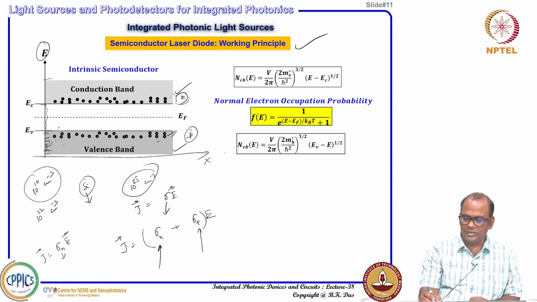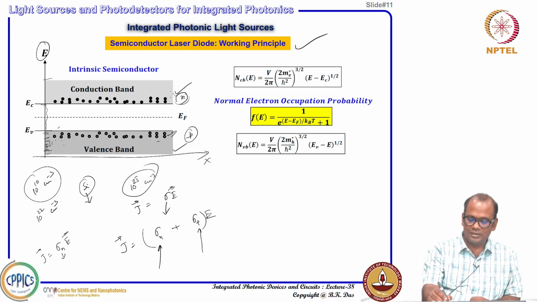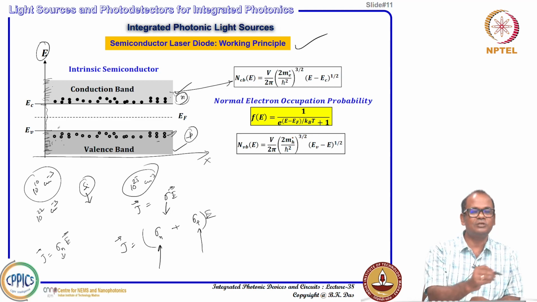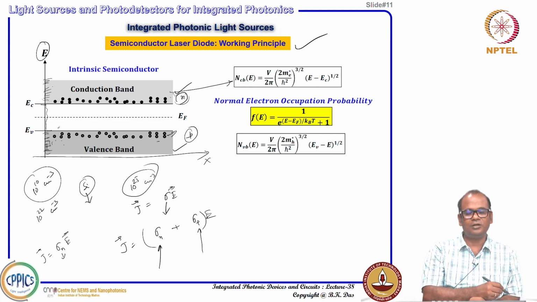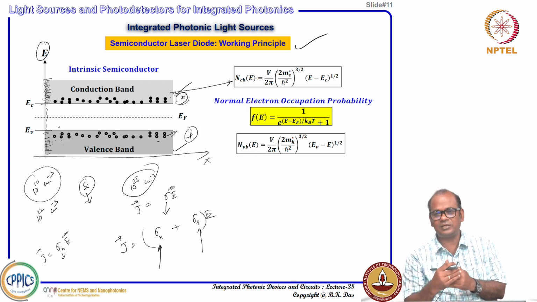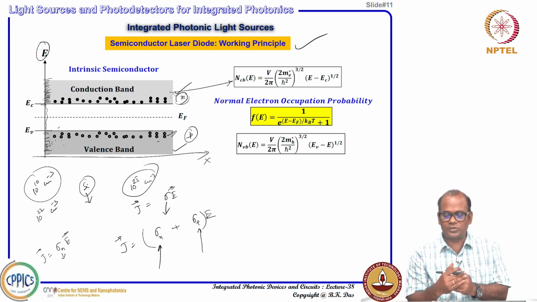Again, one more interesting thing: I said that there are allowed energy levels and that they are continuous, but actually they are not continuous; they are fine lines. They are spaced, but their spacings are so close that you can consider them as continuous.